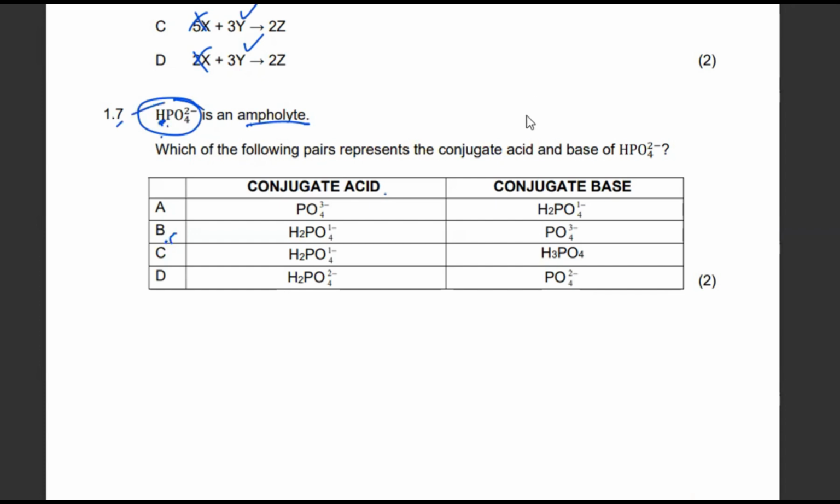it will donate this, and once it donates, then automatically it's going to become HPO4, because it has donated this, then -1. So I have to look for that, where it is.